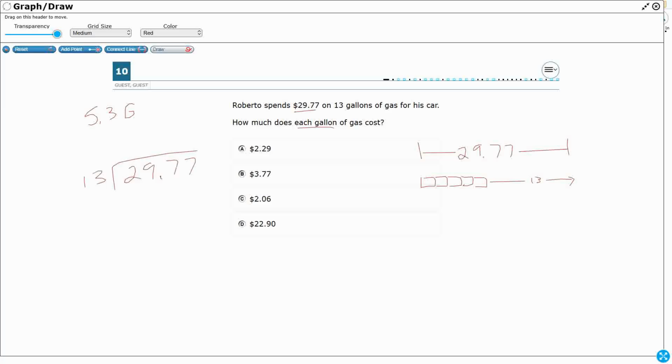divided by 13. I just need to remember my long division. So 13 does not go into 2, goes into 29 twice. Right, so that's going to be 26. Bring down one digit. Let's put our decimal up here right after that 2. Okay, so 37, 13 times 2 is 26. I can't do 3. It is going to have to be 2 because 3 is 39.